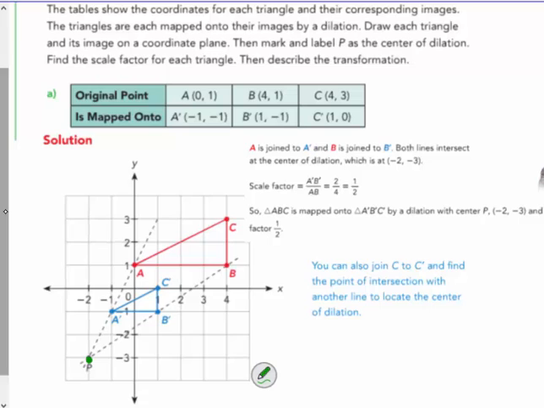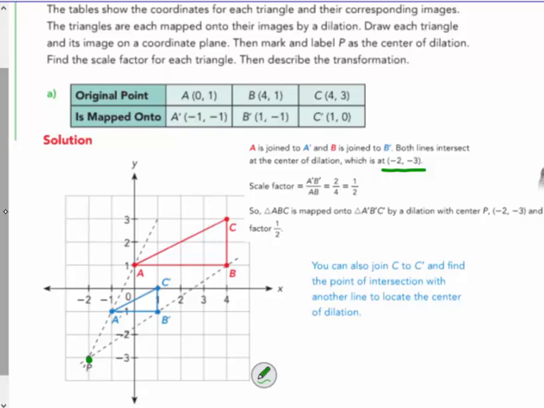It's at -2, -3. Find the scale factor for each triangle, then describe the transformation. So A is joined to A prime, B is joined to B prime. Both of those lines intersect at the center of dilation, which is -2, -3, which we see in the map there. They did this one for you.